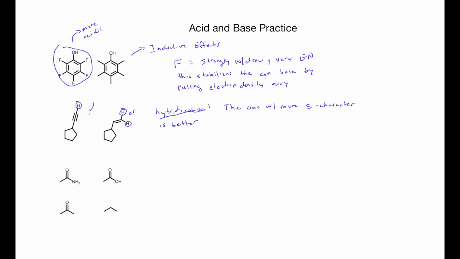And the reason is because the higher amount of S character can handle or kind of stabilize that negative charge better. So here I have sp on the left, sp2 on the right, and this makes this one more acidic. And this, again, is just due to the higher amount of S character.